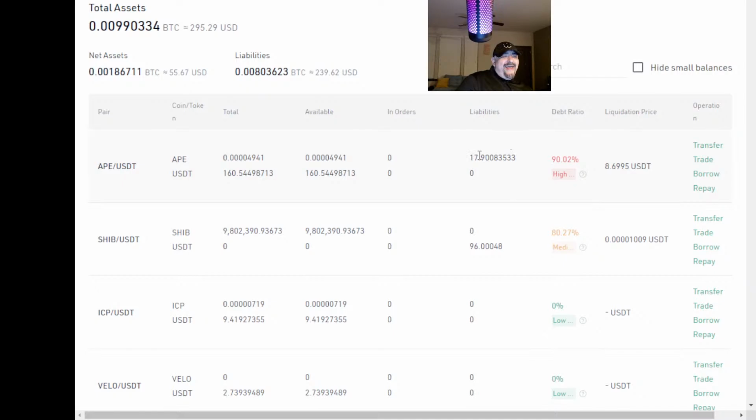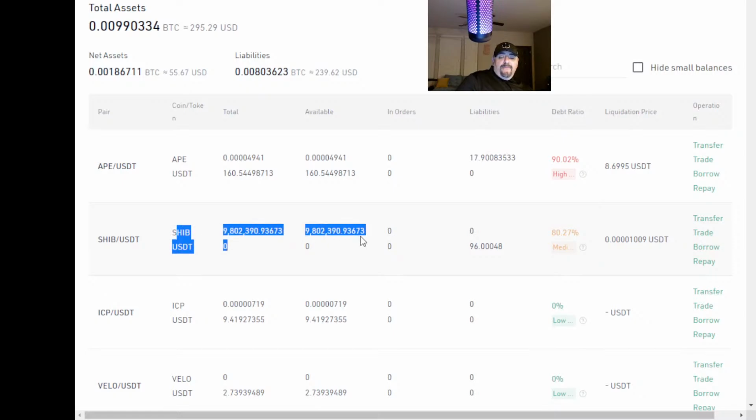All right, so how you can tell that you're long is, look at liabilities. See how with ape, we're shorting ape, so there's liabilities in the ape coin, which is the top coin. USDT is the bottom coin. There's nothing in liabilities in USDT, which means you don't owe anything back, but I owe 17.9 monkey ape coins back.